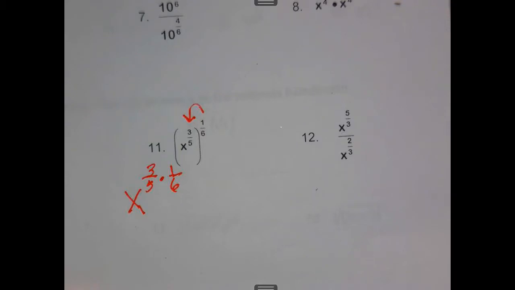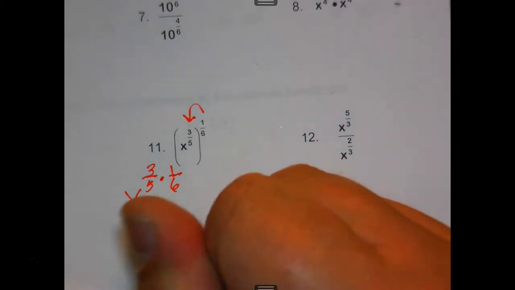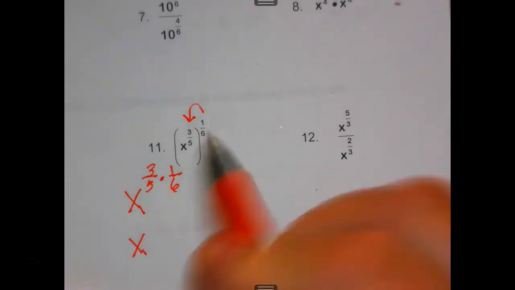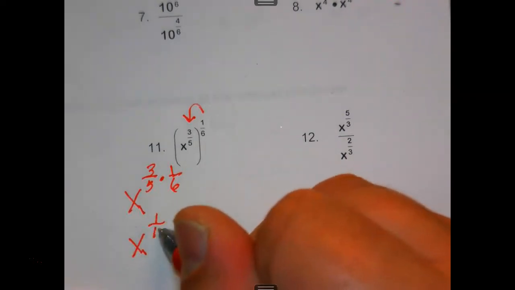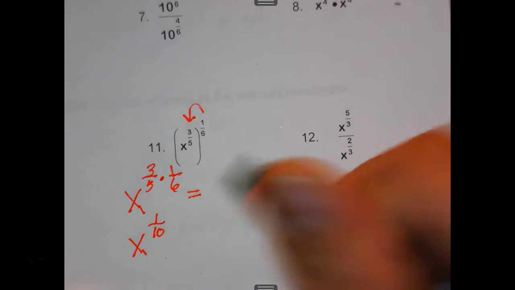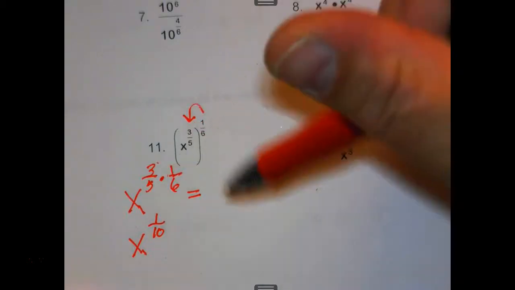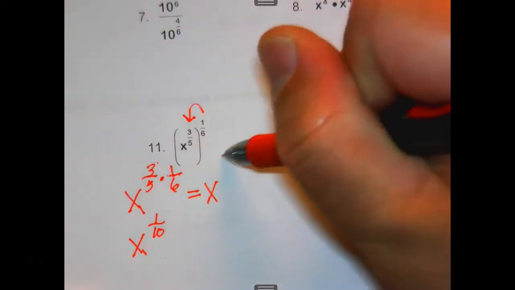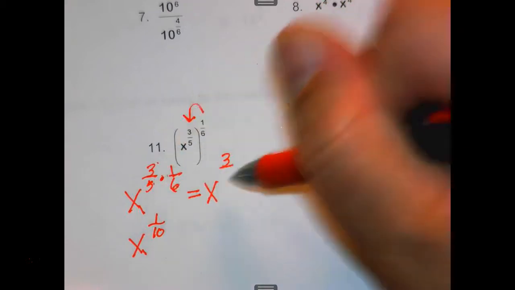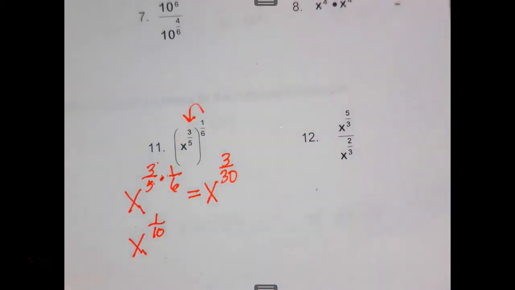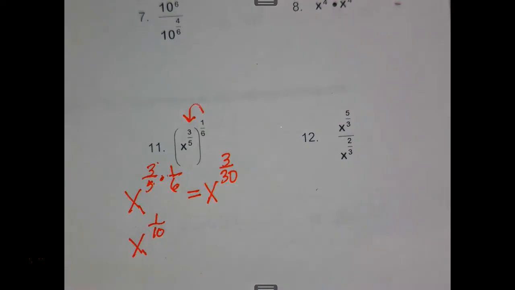Anybody? 1/10. Very good. You did it on your calculator, didn't you? Okay. 3 times 1 is 3. 5 times 6 is 30. Divide each one, simplify it, you get 1/10.